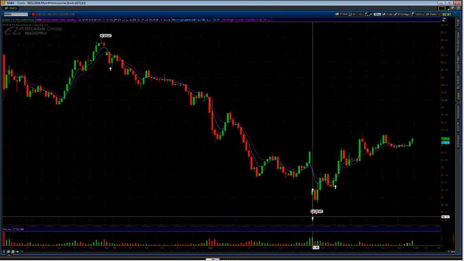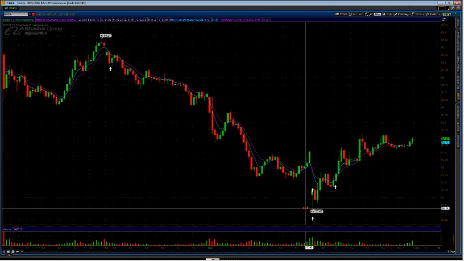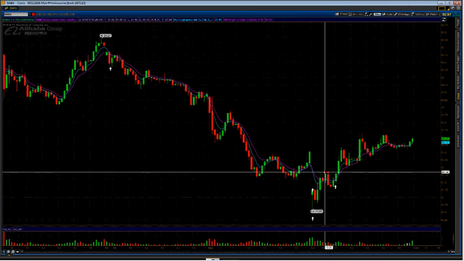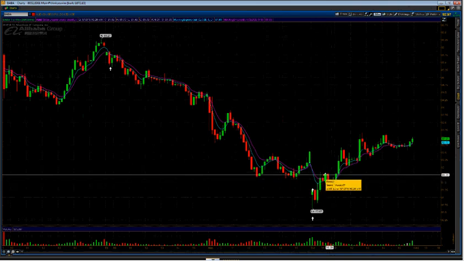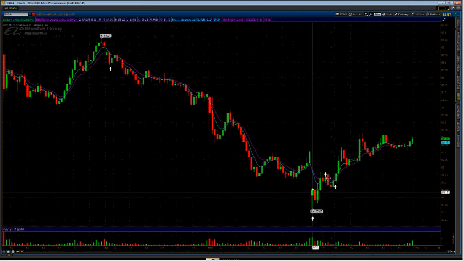Yeah, I guess this candle could have had you buying puts. You just stopped out of it on this candle right here. That's where you would have stopped out on your puts. That would have been a loss.